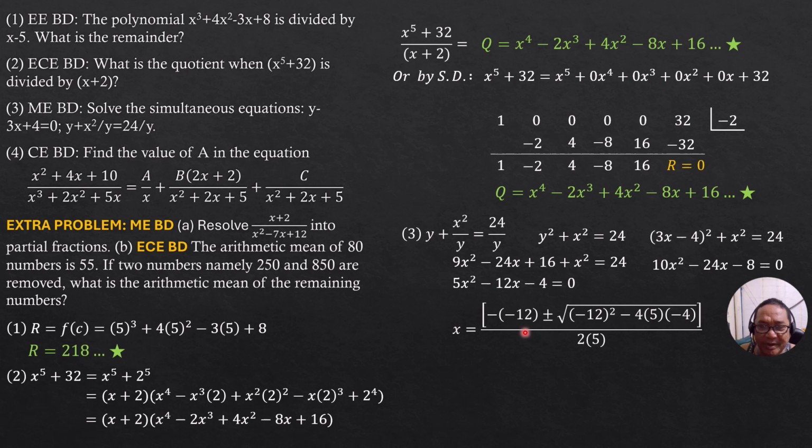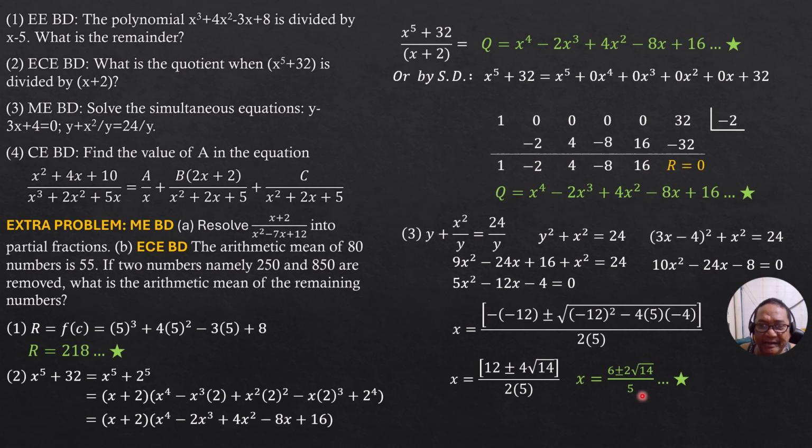So this is 12 plus or minus square root of 144 plus 80, which is 224. Square root of 224 is 4 square root of 14. So this is 12 plus or minus 4 square root of 14 divided by 2 times 5 or 10. We can reduce this further to 6 plus or minus 2 square root of 14 over 5. So x is 6 plus or minus 2 square root of 14 over 5.